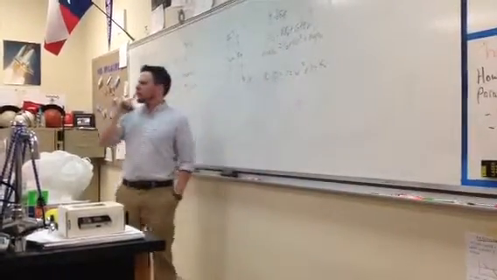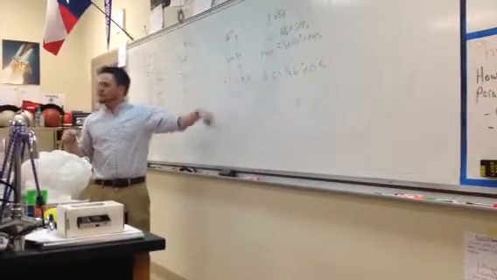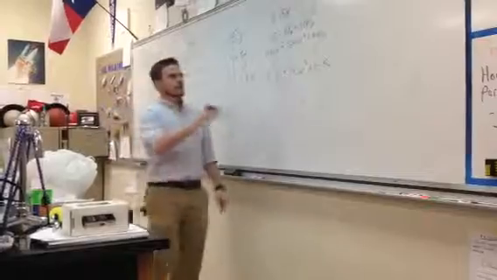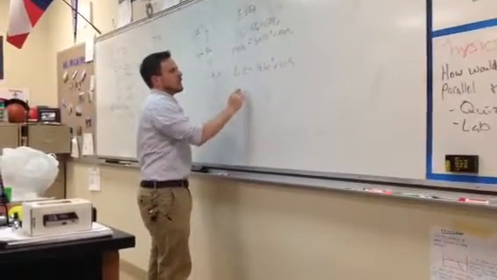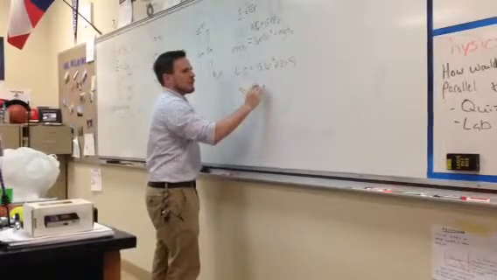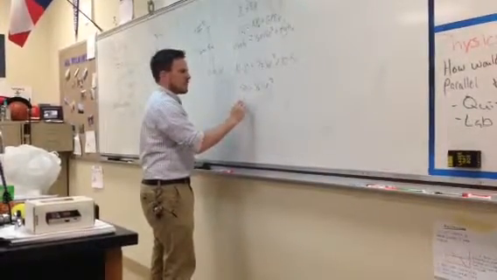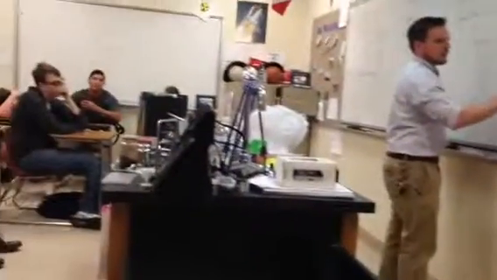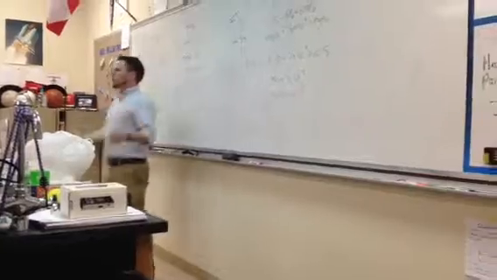How did I know he was 5 meters off the ground? Because he's 5 meters from the top, which would also be 5 meters from the ground. So you would get 50 equals 1/2 vf squared, or 10 meters per second equals vf. That's an example of what we did with energy.